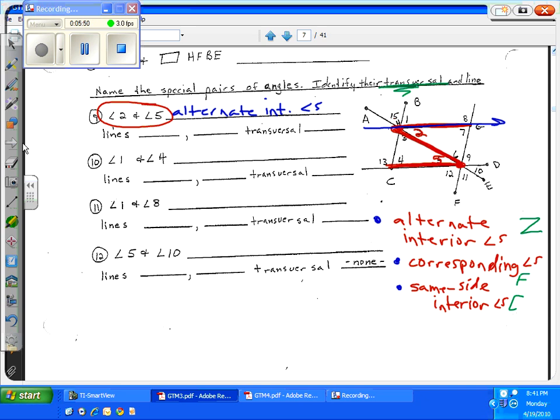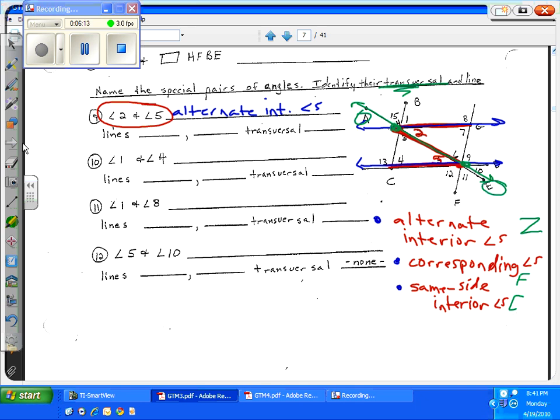The two lines that form them are the two that are intersected by the third one. Remember, the transversal, and I'll color code it in green because we underlined it up there in green, is the one that intersects the other two in different points. So the transversal is AE.